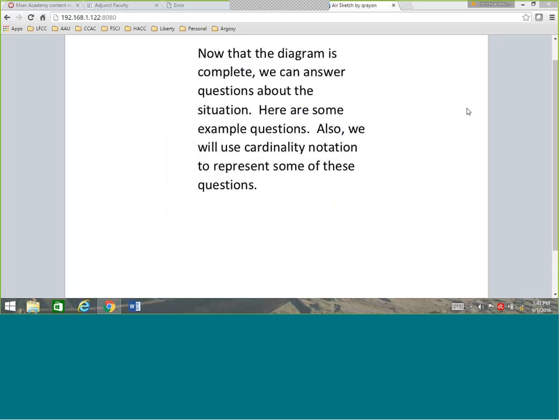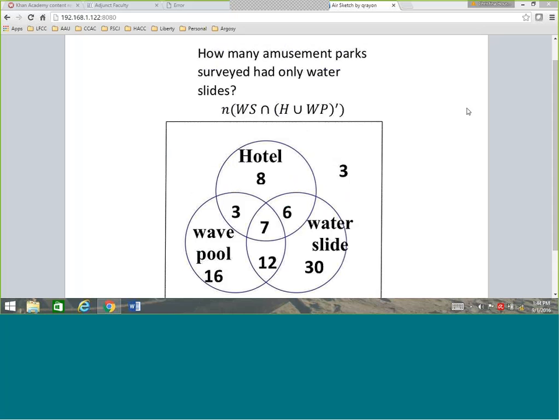Also, I'm going to use some cardinality notation with some of these questions just to get used to that as well. So how many amusement parks surveyed had only water slides? That means we're looking inside the water slide circle, but not in the hotel or wave pool.